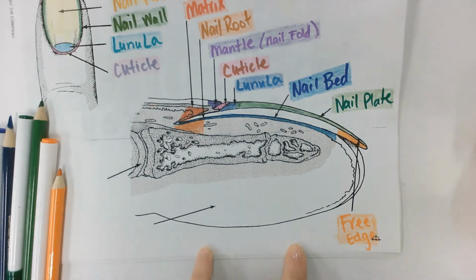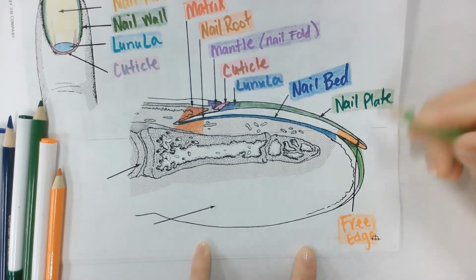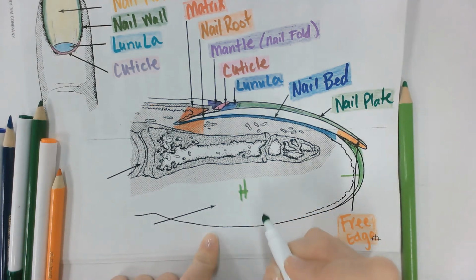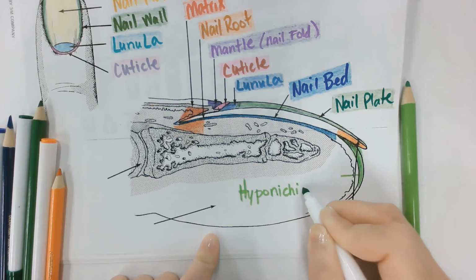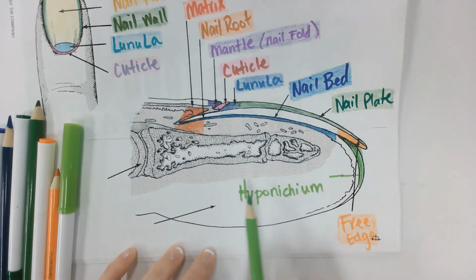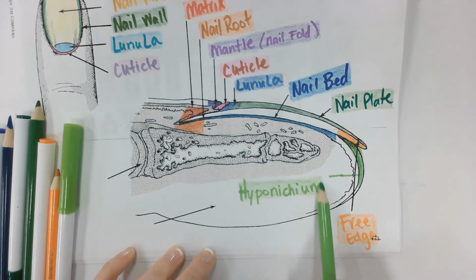We're going to color this section here for visual, and add our arrow here. This is the hyponychium.